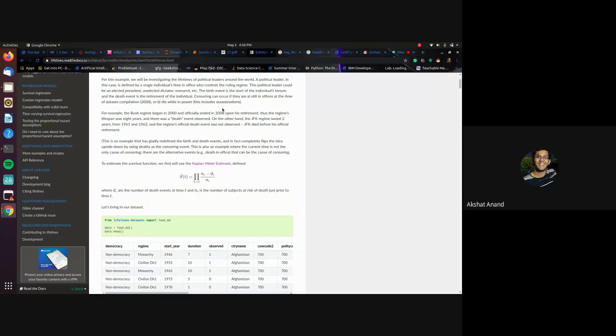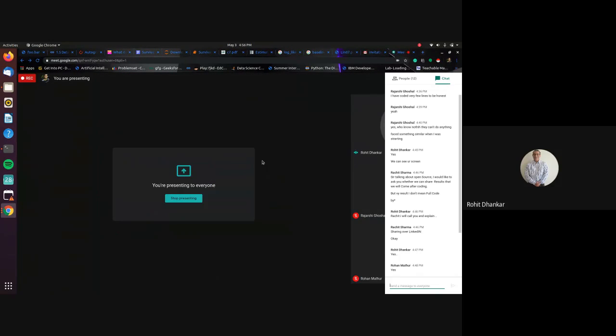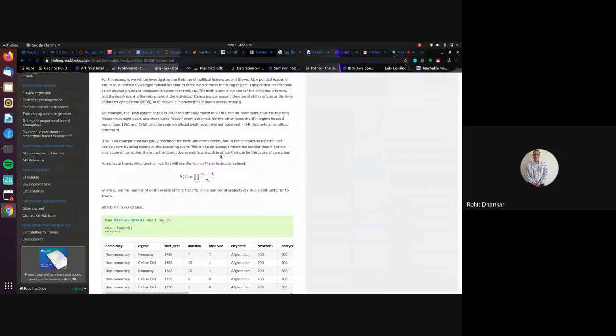Is this left censoring? No, this is right censoring, because the event has not happened: the particular individual hasn't left the tenure. We are censoring at a given time, but that person is still in office now. So it is right censoring.